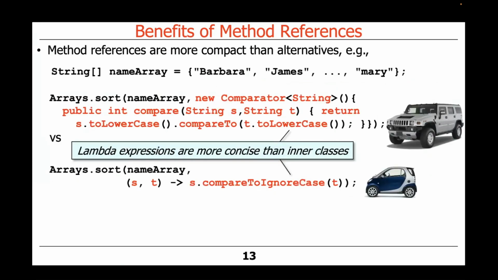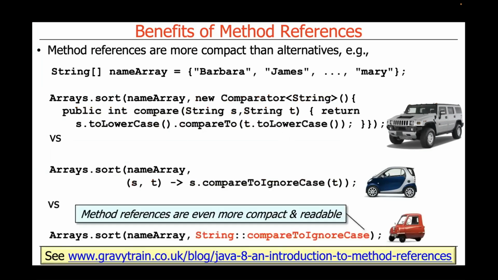So here's an example. We looked at this before. This was the example we just looked at, where we showed first the anonymous inner class way of sorting an array, and I showed you how lambda expressions are more concise than inner classes. However, method references are even more compact and readable than lambda expressions in many cases.